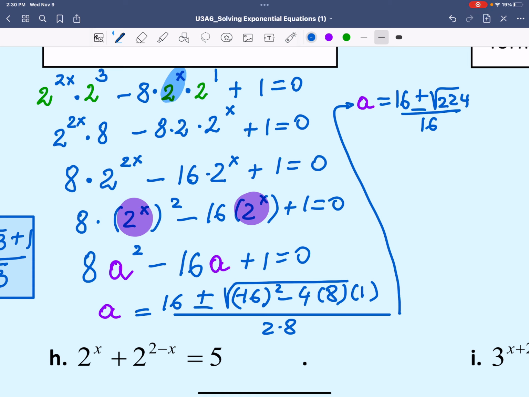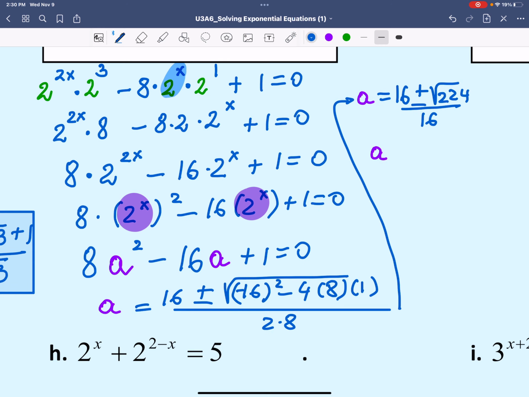It can be broken down into 16 and let's see what the other factor is. So I think it's 16 and 14. So here we get a equals 16 plus or minus root 16 root 14 over 16.